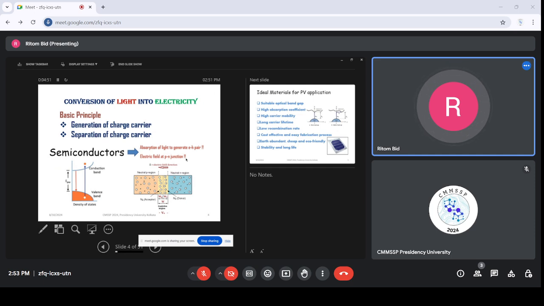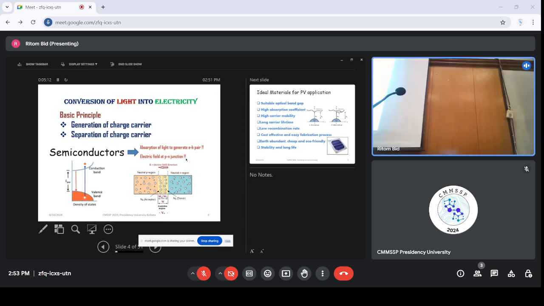So by some means, if we can get the separated charges, that means the photo-generated electron hole pairs, to cross this physical thickness of the layer and be transported to the outside circuit, we can get the current out of those photo-generated charges.